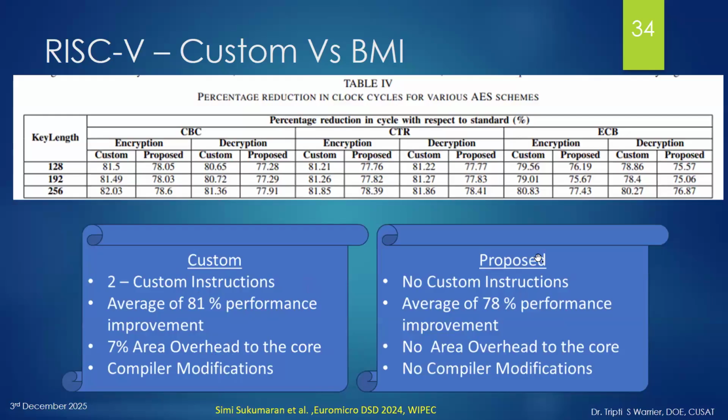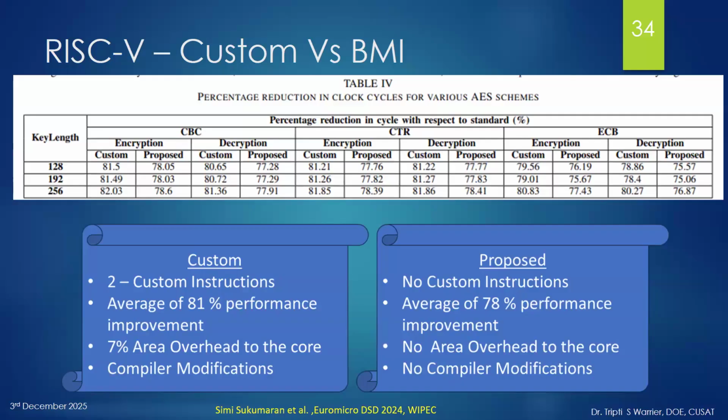So this is custom, whereas the proposed one, without custom instructions, using the existing bit carryless multiplication extension, we were able to get 78% performance improvement, no overhead and no compiler changes. It's hardware and software working together. So this is a summary of these encryption and decryption columns using custom. That is the work that I presented in a couple of slides before, and the proposed one where we are using a simple carryless multiplication extension.